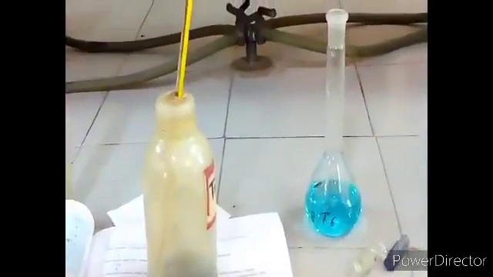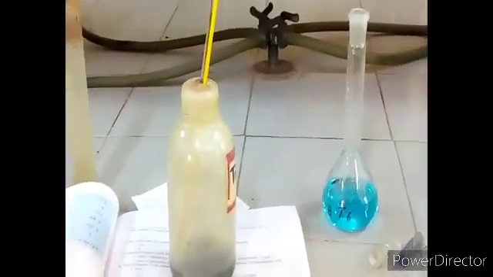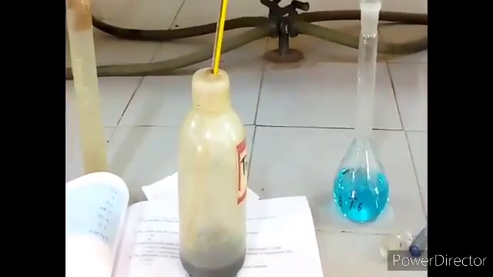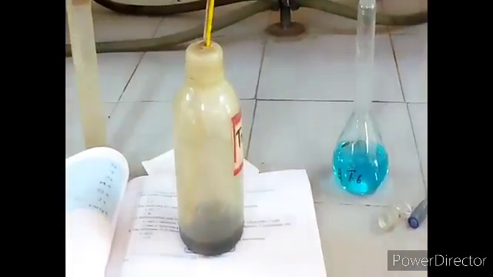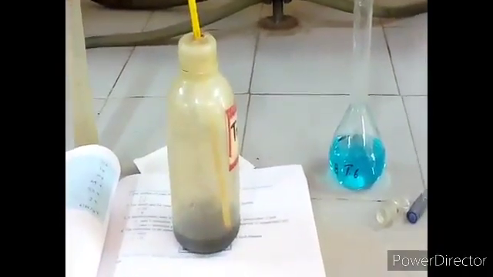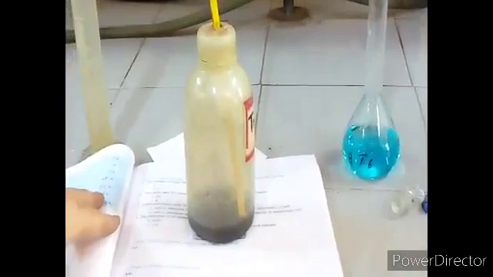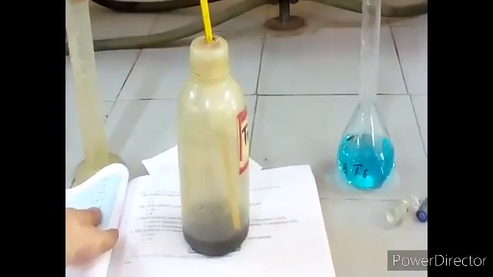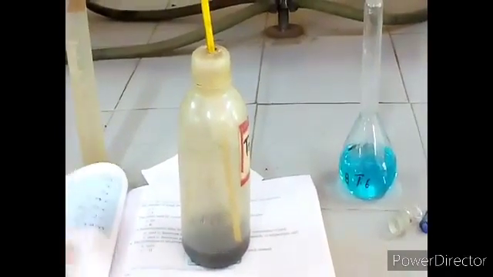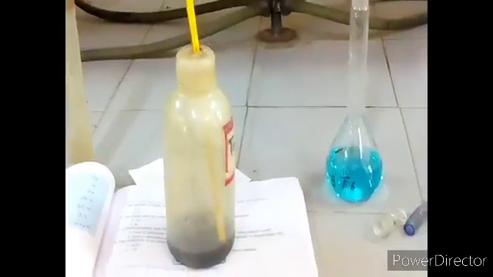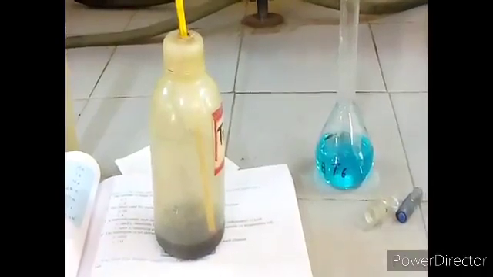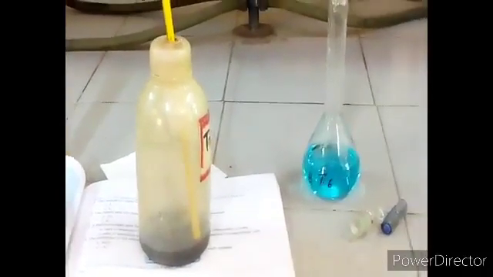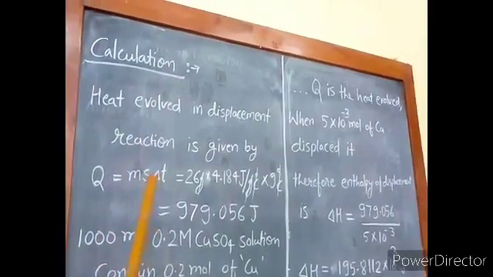Then in this polythene bottle we have added 1 gram zinc metal, and then we again stirred the solution and determined the rising temperature. The final temperature we got is 33 degrees Celsius. Then T2 minus T1, we have determined the rise in temperature delta T, that is 9 degrees Celsius. Now let's see the calculation of this experiment.